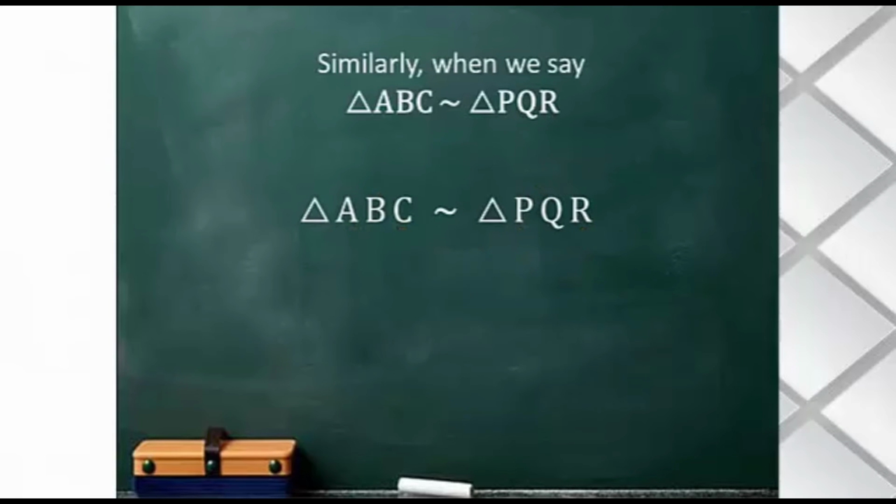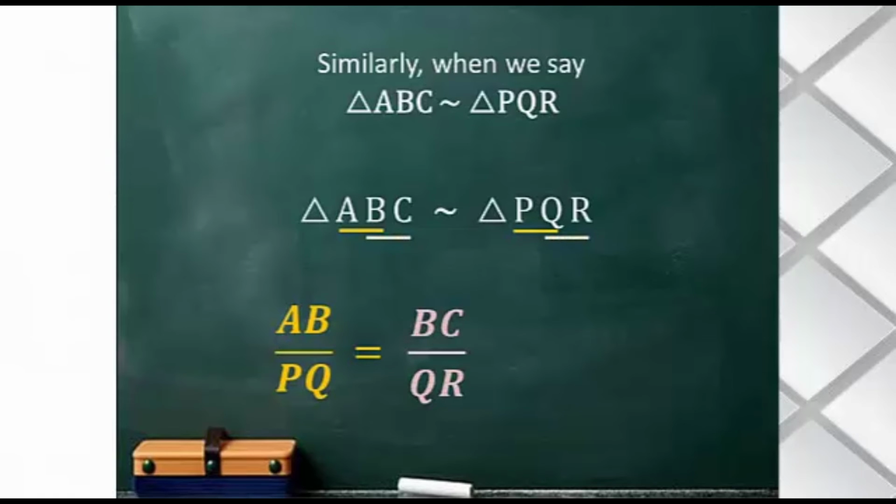Also, the ratio of the corresponding sides formed by the first two alphabets, that is AB upon PQ, becomes equal to the ratio of the corresponding sides formed by the last two alphabets, that is BC upon QR, which is equal to the ratio of the corresponding sides formed by the first and the last alphabet, that is AC upon PR.